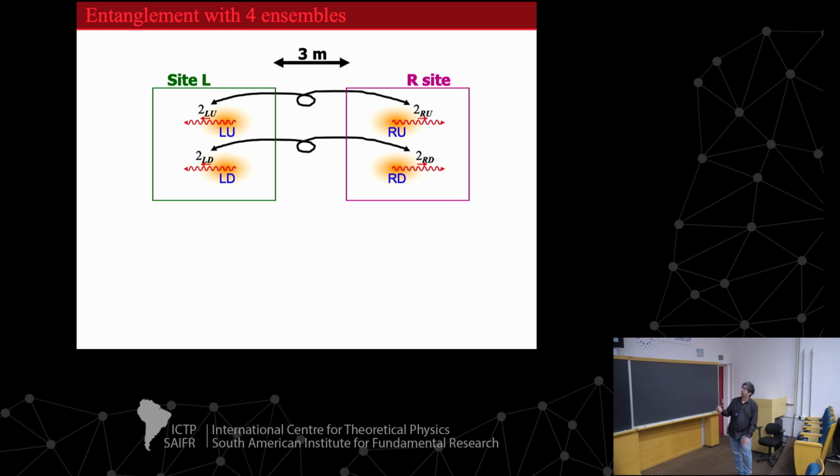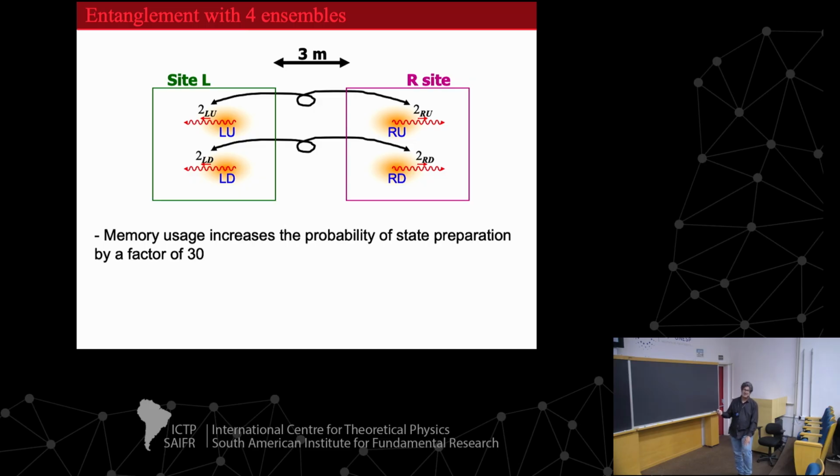The entanglement between the memories will be mapped into entanglement between these modes that are emitted in the reading process. For this kind of system, the same way as when we synchronize two memories, it's really crucial to have memory here, because you gain a factor of 30 in the efficiency to generate this whole state, okay?